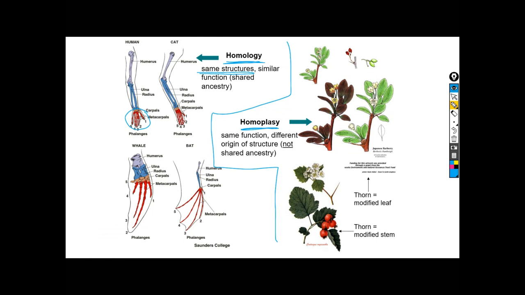They stab you and keep you from eating their good bits. But they're not actually the same. They're different types of thorns. They trick you into thinking that they're related. So, an example from our top, the Japanese barberry plant: its thorns are coming from the leaves.